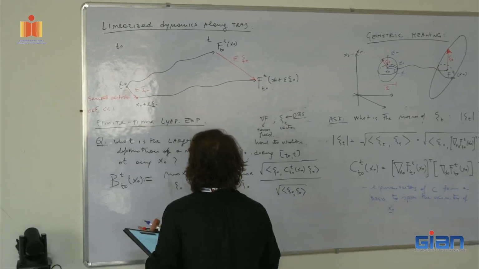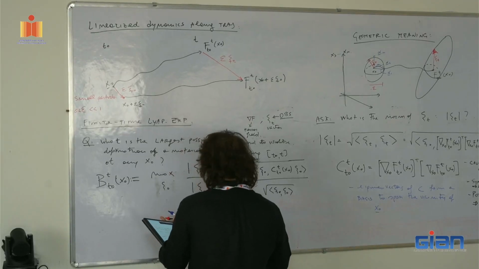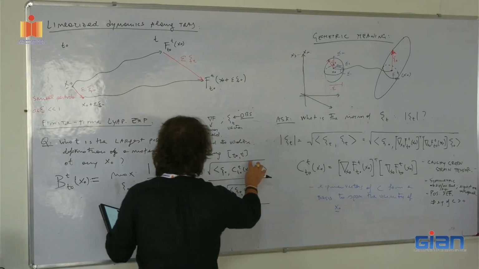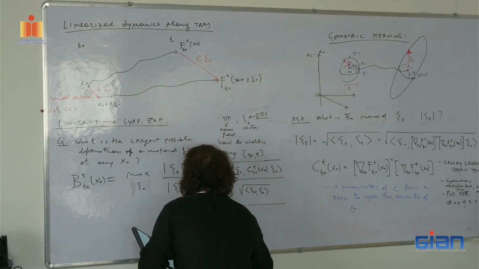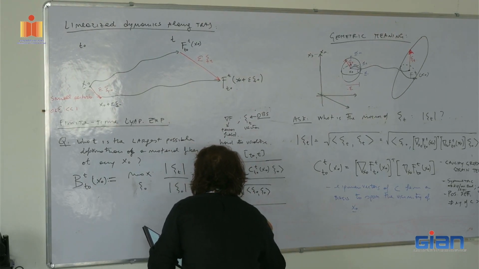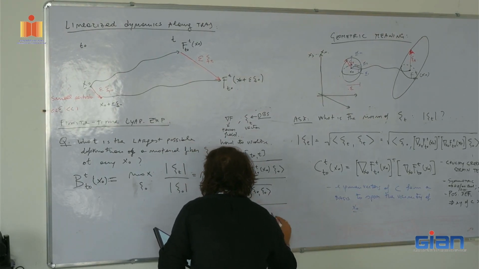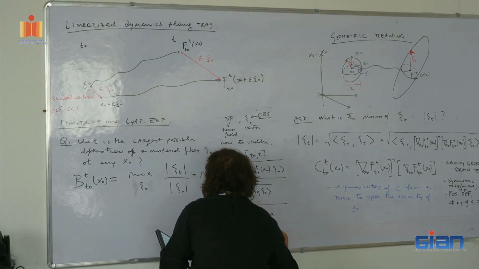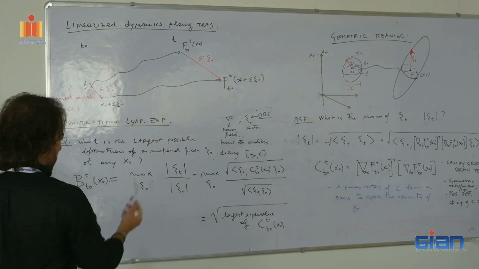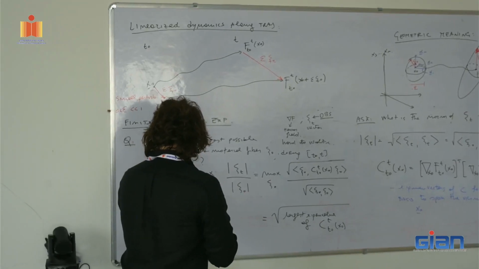So this is going to be equal to the square root of the largest eigenvalue of the Cauchy green at that particular position, okay?